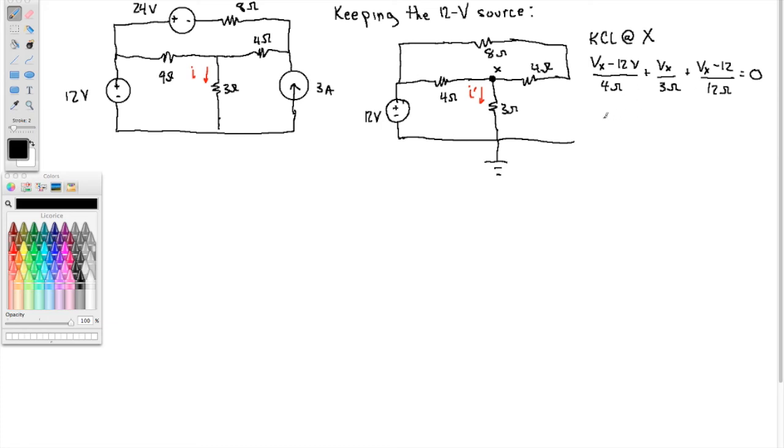Okay, I'll multiply everything by 12 ohms. So that is 3Vx minus 36 volts plus 4Vx plus Vx minus 12 volts equals 0. Combine like terms, so I've got 8Vx minus 48, so get that to the other side, that's plus 48.